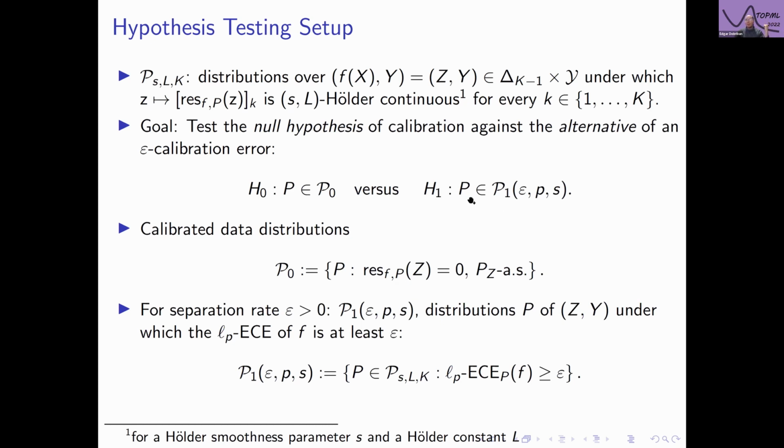And the alternative hypothesis is that the probability distribution P belongs to this set, which satisfies this Hölder smoothness condition, and moreover, the L^p ECE, the L^p norm of the residual function, is at least epsilon. So we're testing L^p ECE equals 0 against L^p ECE greater than epsilon with some smoothness condition here.